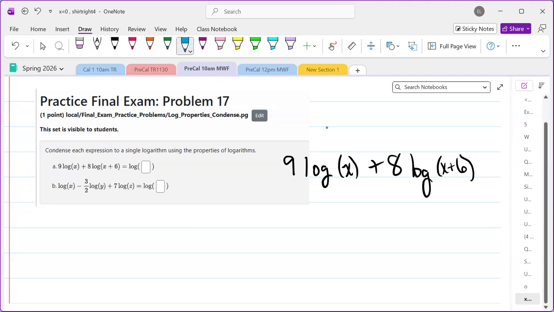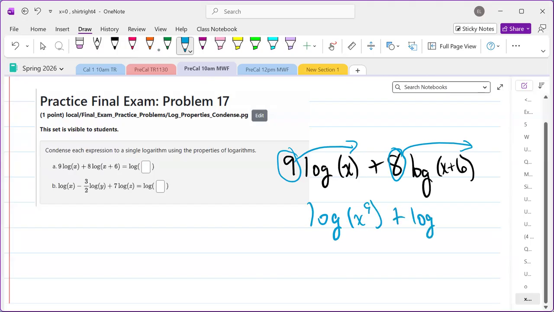So if I'm going to put these back together, before I can use my plus rule for logs, I need to move my powers back up. So this becomes the log of x to the 9th plus the log of x plus 6 to the 8th.